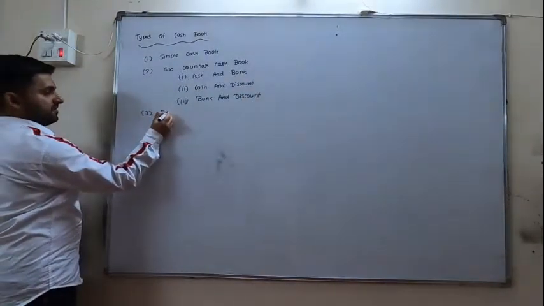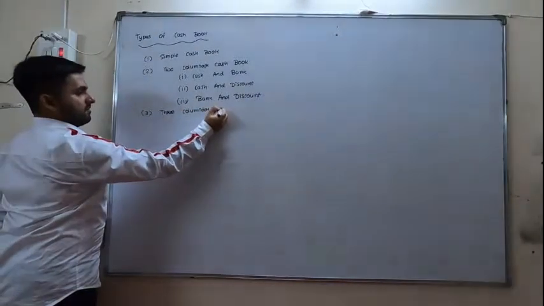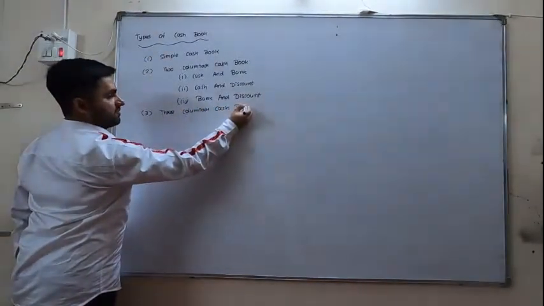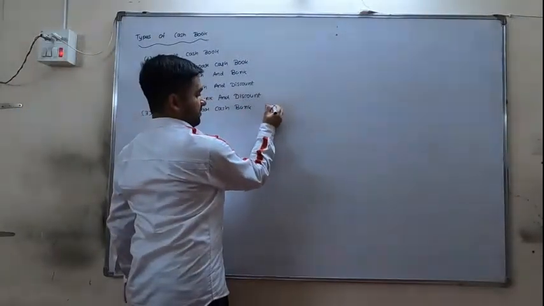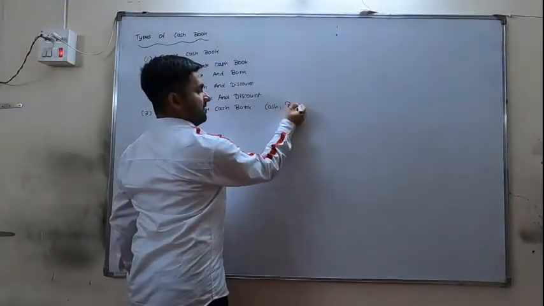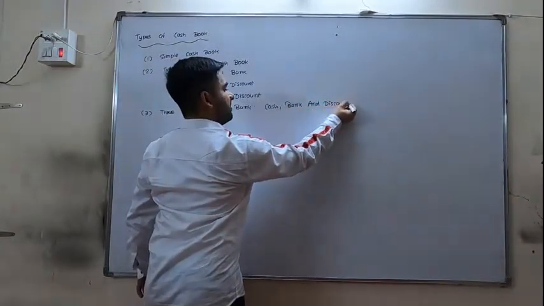Number 3, three columnar cash book, that is with all these 3 columns: cash, bank and discount.